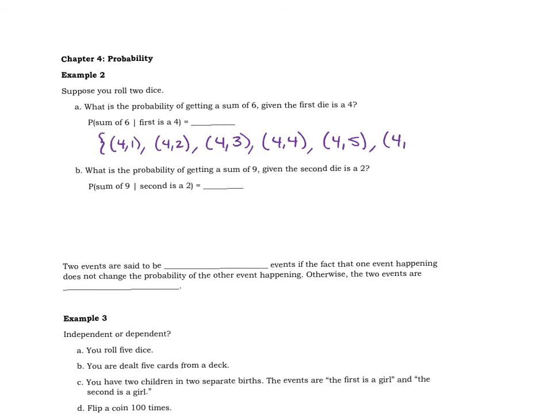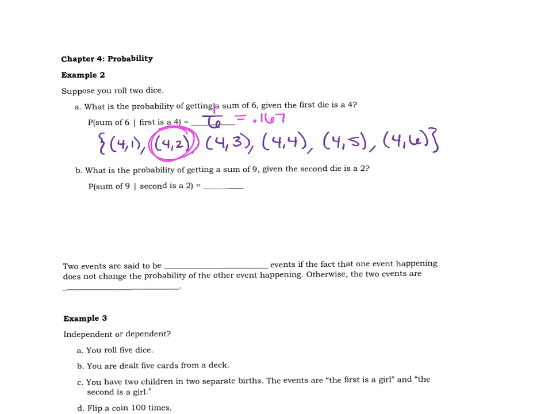We could have rolled a 4 and then a 6. So we have 6 possible outcomes where the first roll of the dice was a 4. Out of those, how many have a sum of 6? Just that one. So the probability is 1 out of 6 that we would get a sum of 6, knowing that the first roll was a 4, which is 0.167 as a decimal.